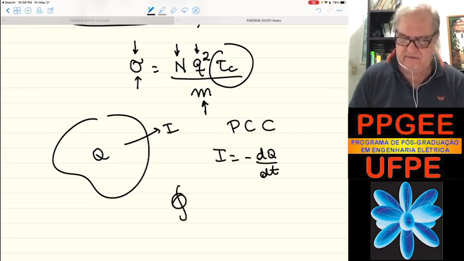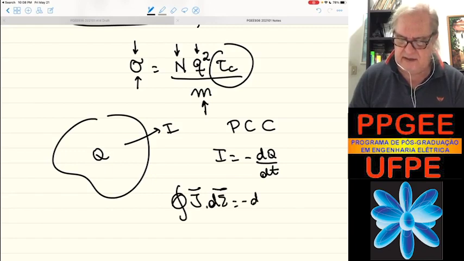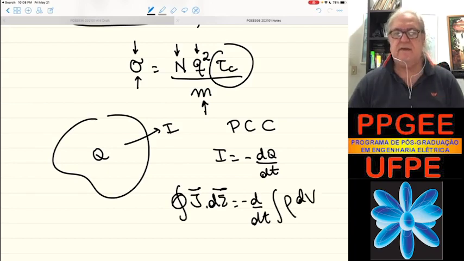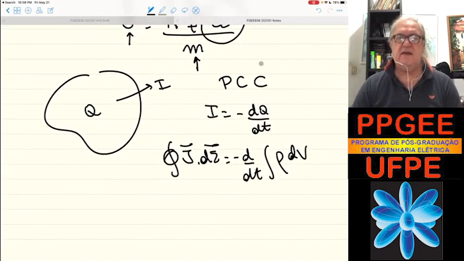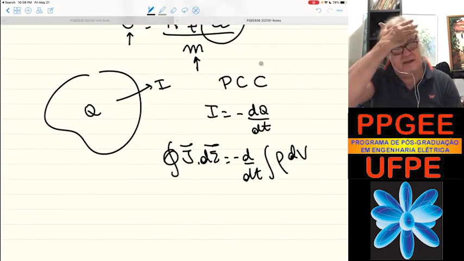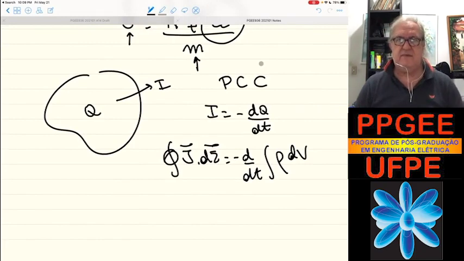So it means that the flux of J equals minus d/dt integral of rho dV, right? Then you can employ Gauss's theorem to derive a differential equation, right?